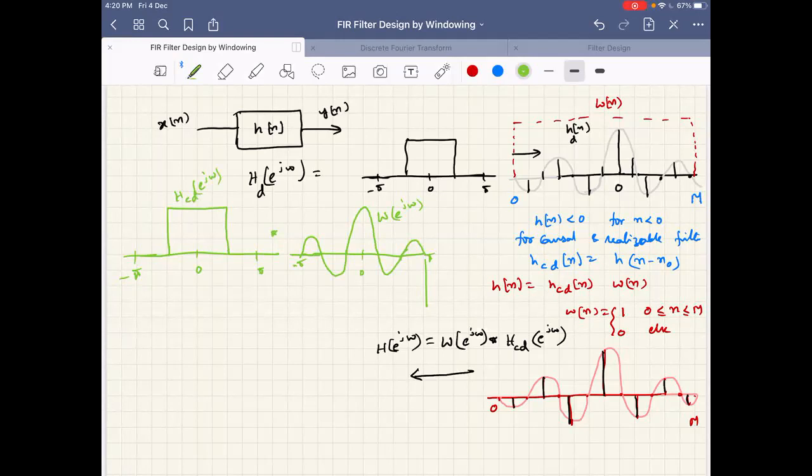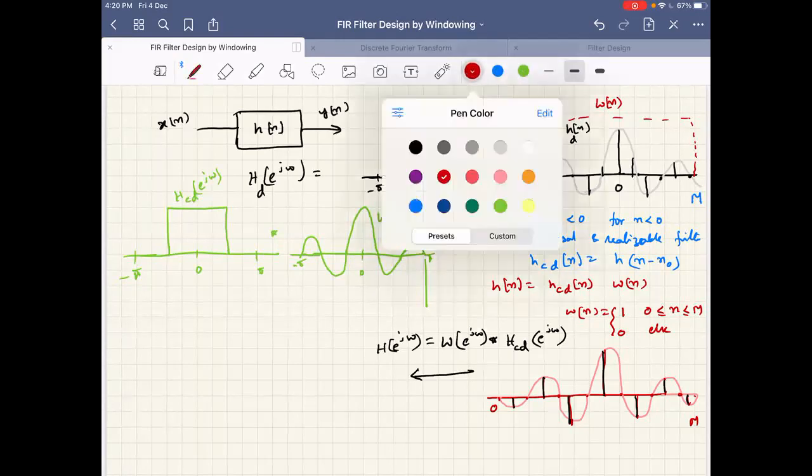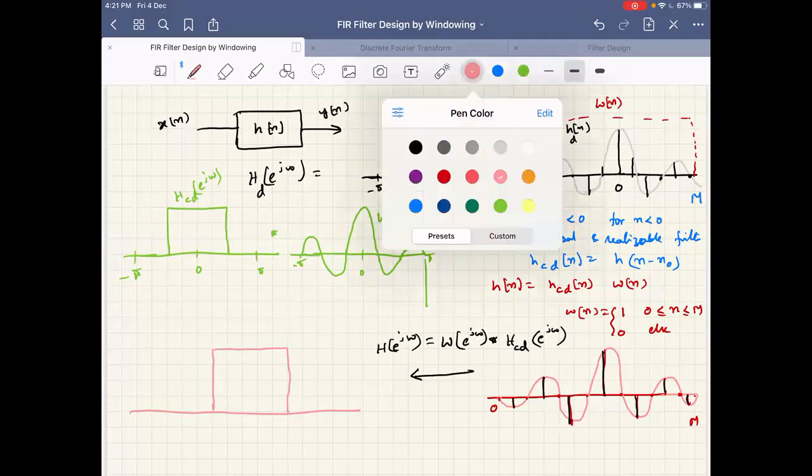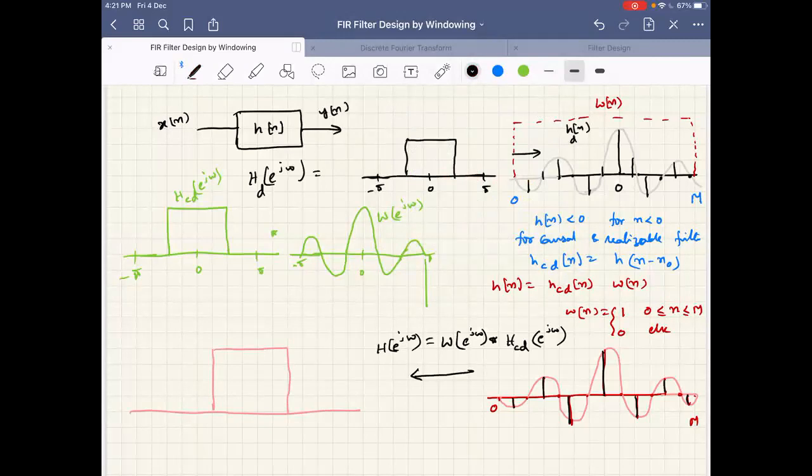Convolution of these two will enable us to have a practical filter which will somewhat look like this.